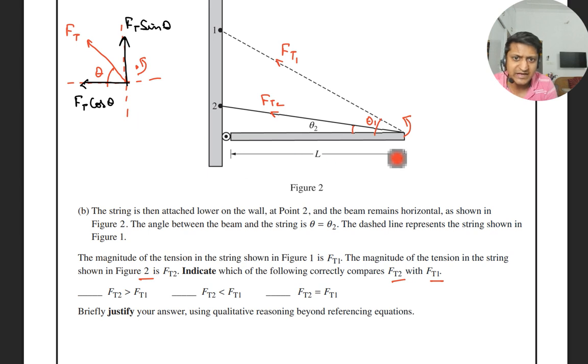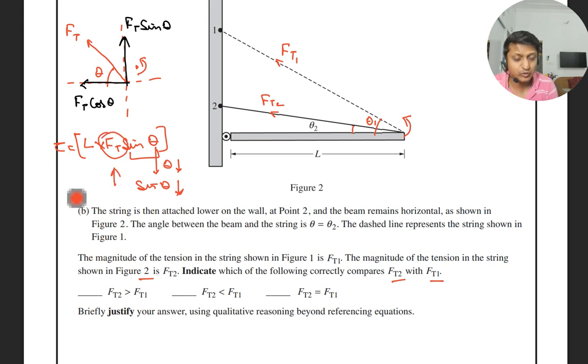This torque will be L times Ft sin theta. The total torque should be the same. So if theta decreases, sin theta will also decrease, and if sin theta decreases, Ft has to increase to compensate the torque.